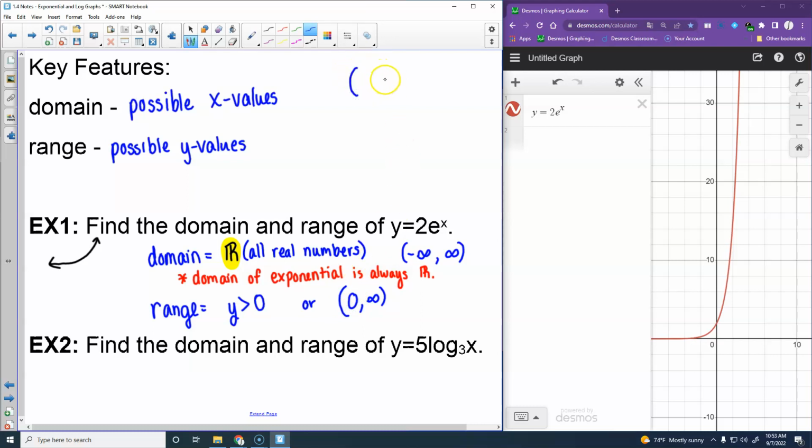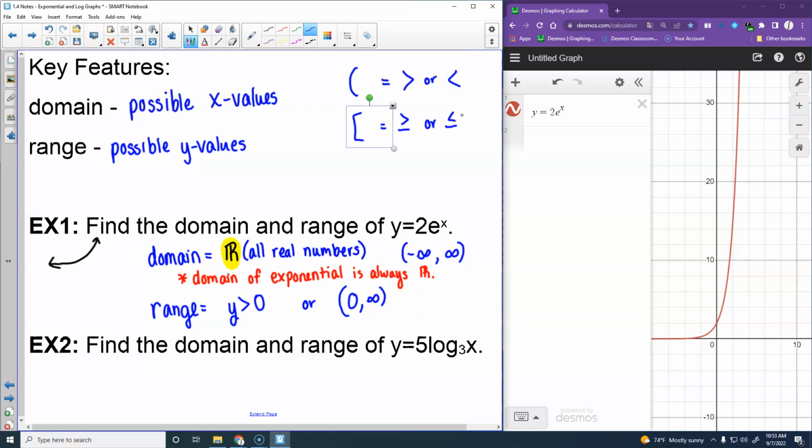Parentheses is the same as greater than or less than. Okay. Brackets are going to be like greater than or equal to or less than or equal to. So if the point is included, if on the graph you use a closed dot, if it actually touches that point, you're going to use a bracket.